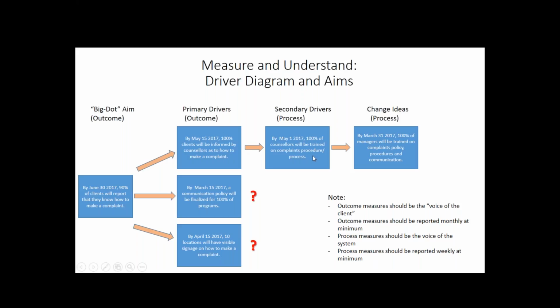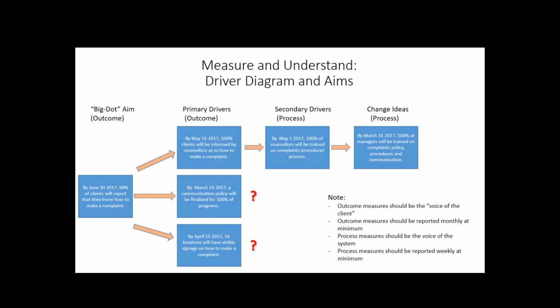We can take the first one, and that is clients being informed by their counselor, and go to our 5 whys and say, well, we noticed that our counselors were not being trained. So by May 1st, 100% of counselors will be trained on our complaints procedure and process.